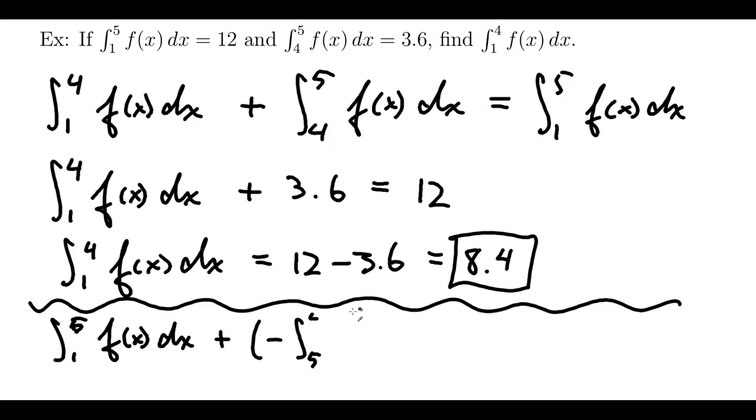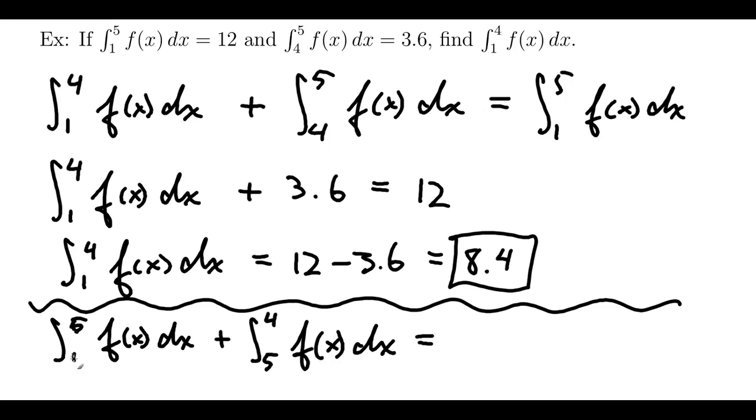Let me back this up. I think the easiest way to write it would be to say, okay, suppose we take the integral from 1 to 5 and add the integral from 5 to 4. I think that'll be a little bit of an easier way to express this. I changed my mind midstream. It was getting a little bit messy.